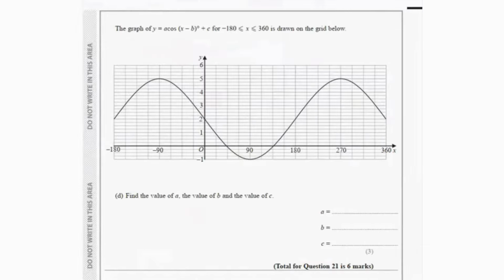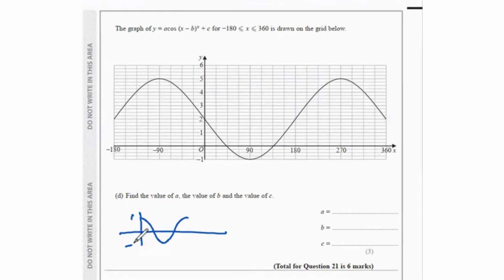And this is the graph of y equals a cos of x minus b plus c for x less than or equal to 360 but greater than or equal to -180, drawn on the grid below. We have to find the values of a, b, and c. So same thing. If I draw the original graph for cos, this is what it looks like.